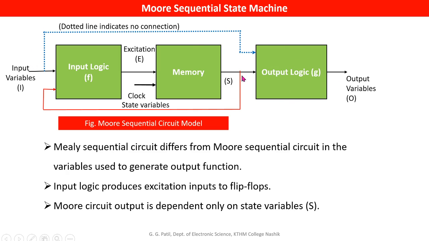One is from the input variable and another is from memory, that is state variable S. While in this Moore sequential machine, the output logic generates the output depending only on state variable S. Mealy sequential circuit differs from Moore sequential circuit in the variables used to generate the output function.